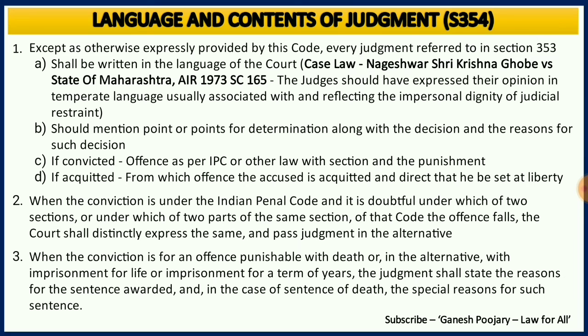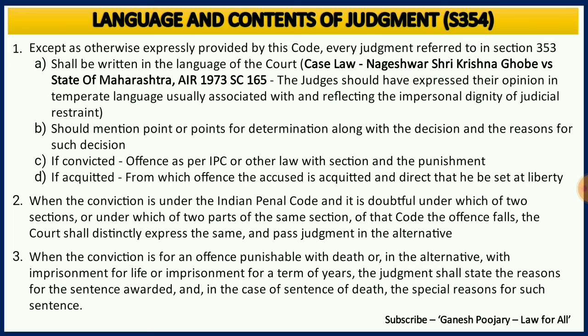Now the second point discusses that the judgment should mention the point or points for determination along with the decision and the reasons for such decision. Every point or points to be mentioned, that is how such judgment is arrived at. That is very important. Now, while writing the judgment, there are 2 possibilities. Either the accused will get convicted or he will be acquitted. What if he is convicted?